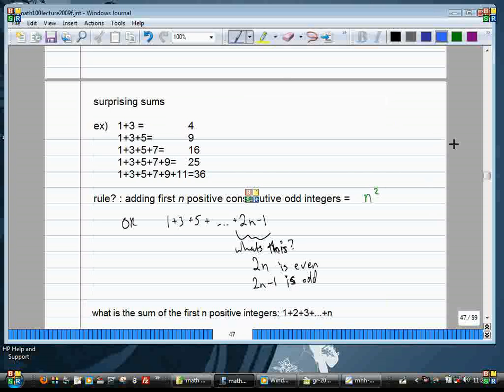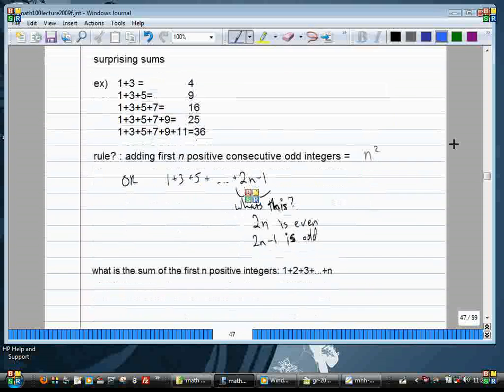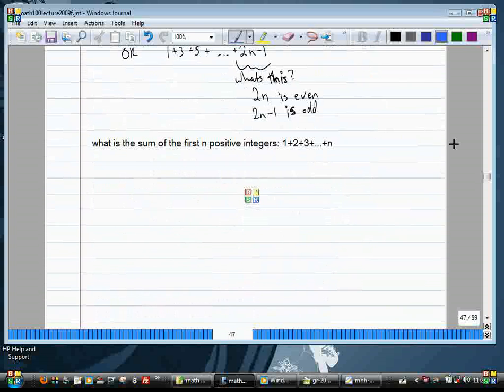We're going 1, 2, 3, all the way up to n, and adding all those integers together. Well, let's see. Let's do this.